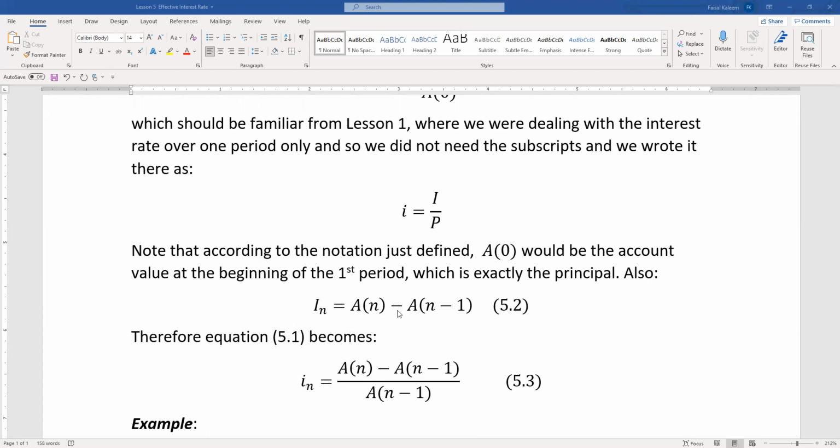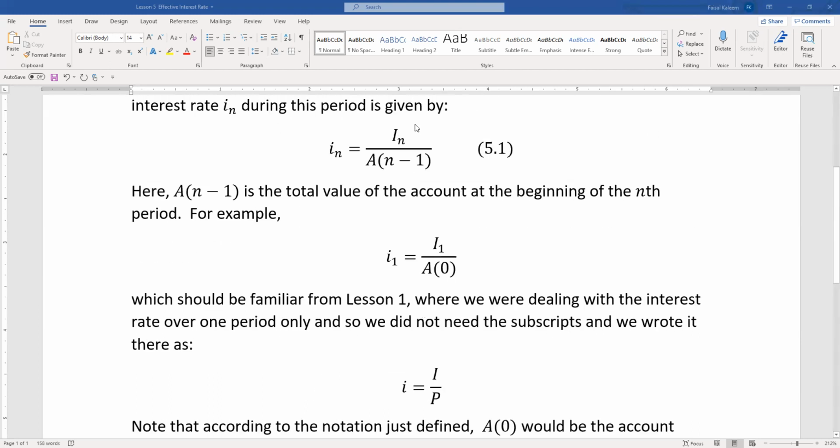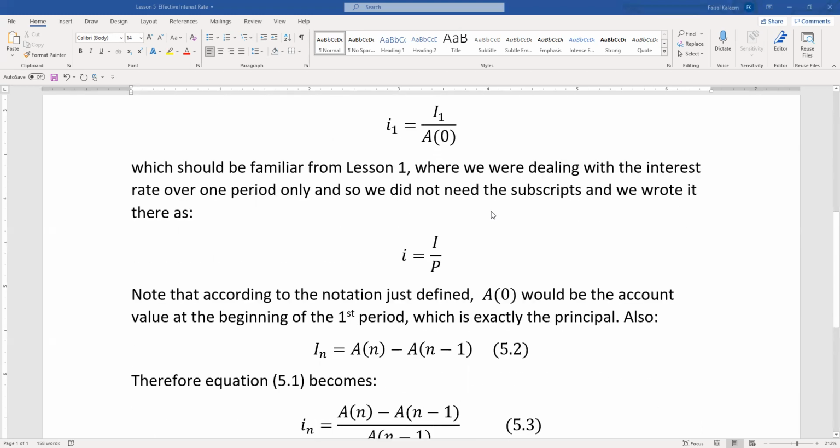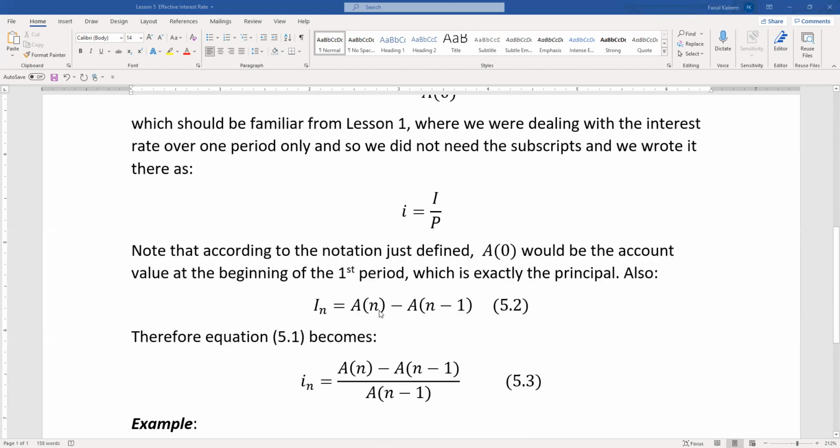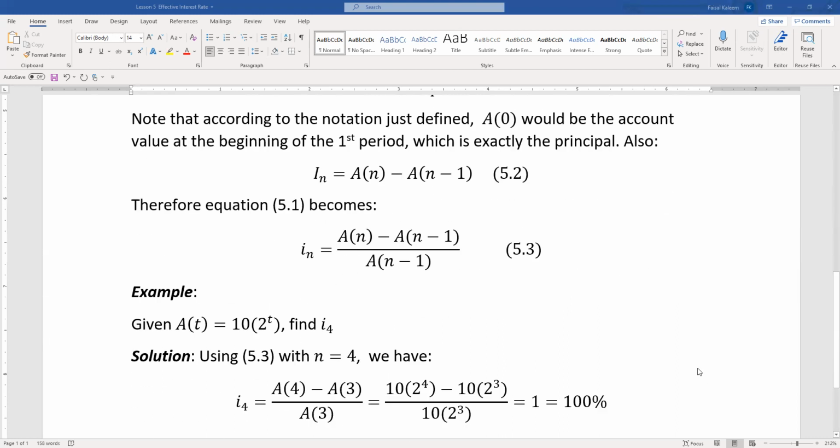Because of this formula, in the above one where we had little i_n equals big I_n over A(n-1), if we replace big I_n with this, the formula for little i_n becomes A(n) minus A(n-1) over A(n-1).